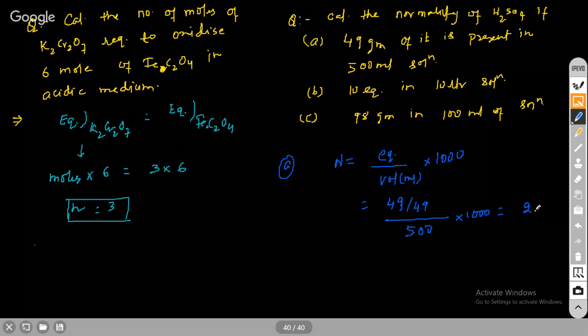So that will be 2 normal. In the second, the number of equivalents is 10 and the volume is 10 liter, so 1 normal. Again, 98 by 49 is the number of equivalents divided by 100 into 1000, so it is 20 normal.